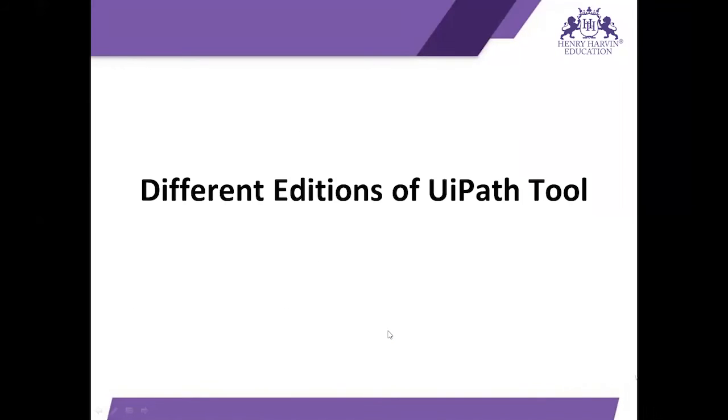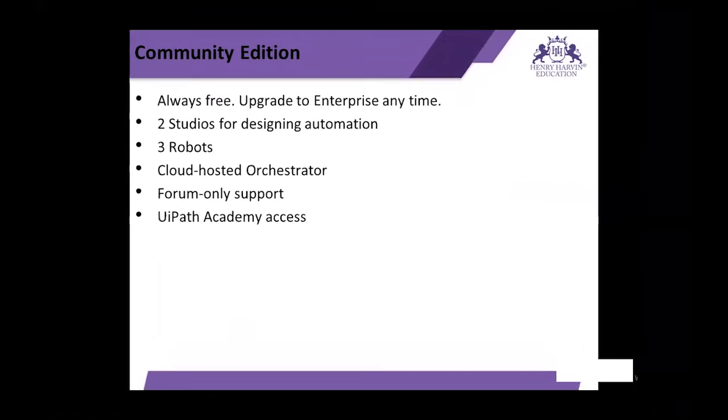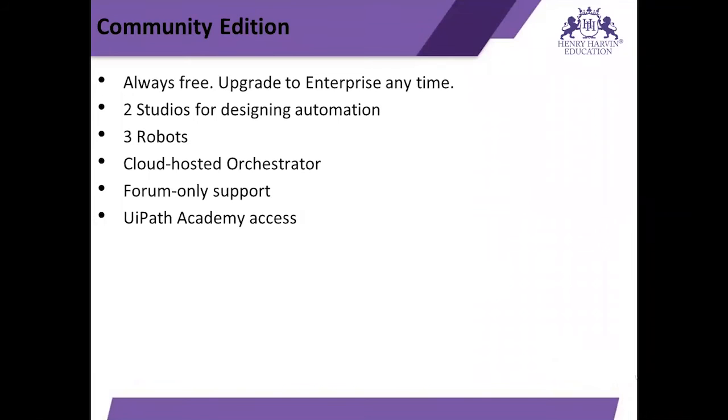Now let us discuss the different editions of UiPath tool. As we all know, we are going to use the community edition, or the free edition, of this tool for our demonstration purpose. But along with community edition, what all versions are available in UiPath? Let us discuss all those versions. The very first version available in UiPath is community edition. It is always free.